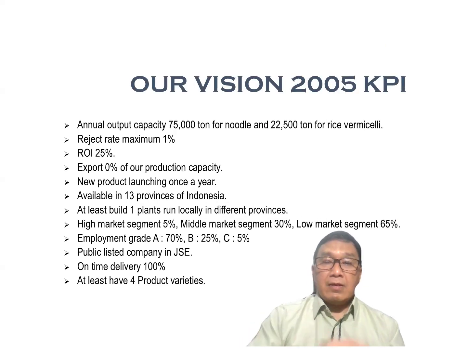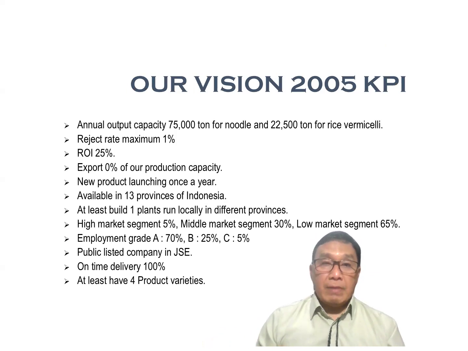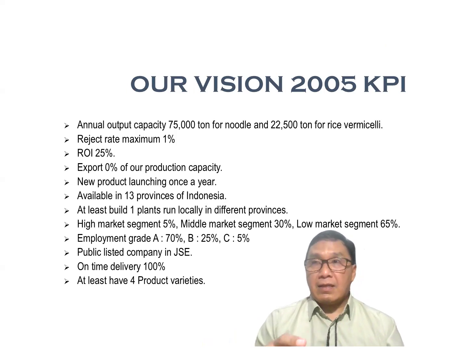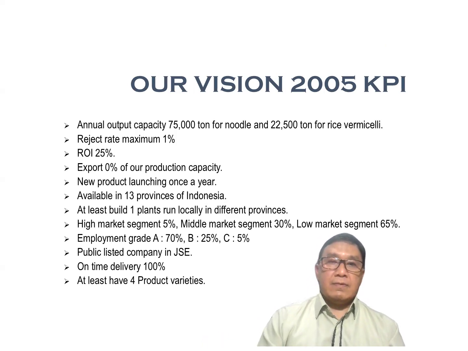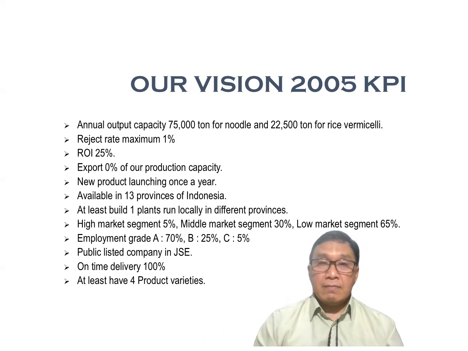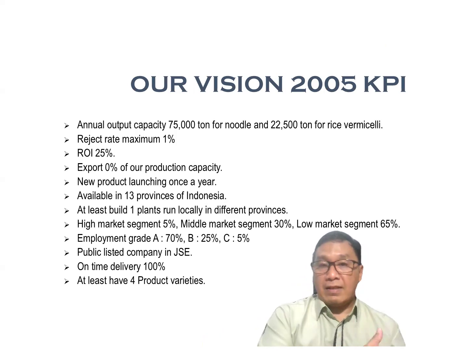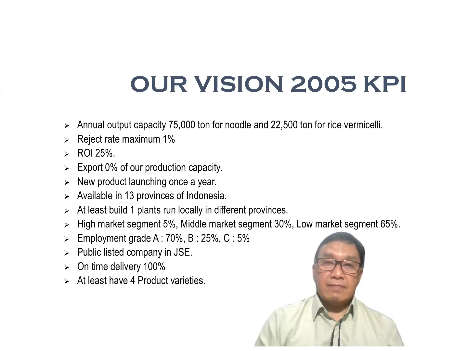So they develop KPIs for 2005. Remember that the annual output capacity is 180,000 in 2010, and 75,000 in 2005. They don't set a KPI for export, still 0%. They don't start export in 2005, but in 2010 it's 10%.